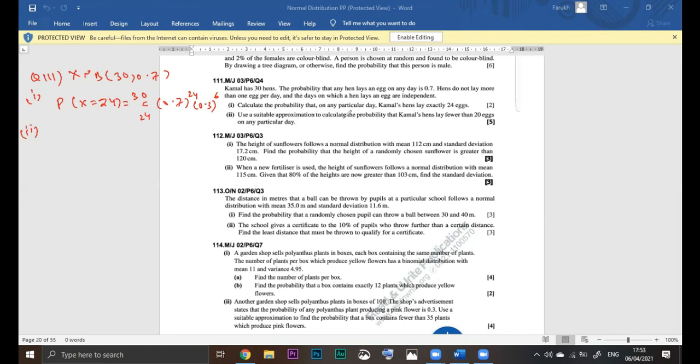Use a suitable approximation. It is given that we should use a suitable approximation. So we will use the normal distribution to calculate the probability that Kamal's hens lay fewer than 20 eggs. Probability of X less than 20. We will convert this into a normal distribution.